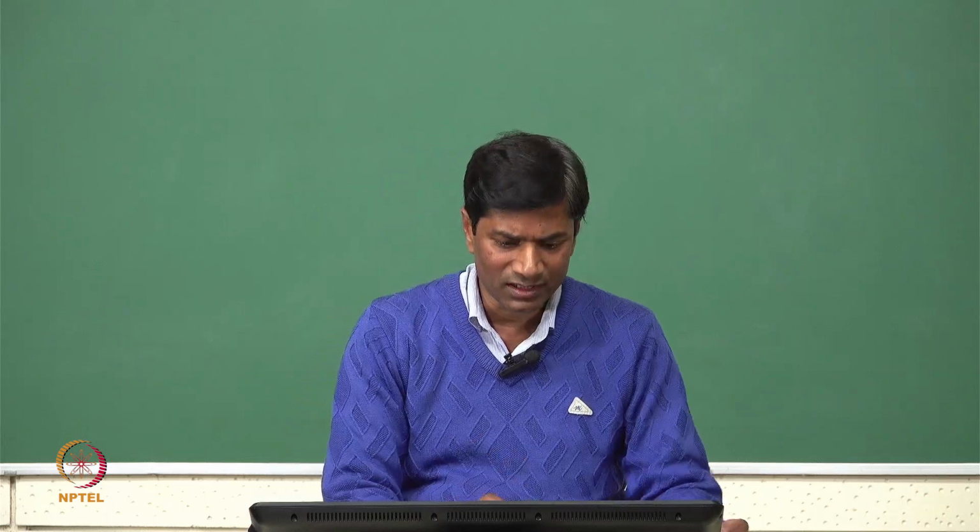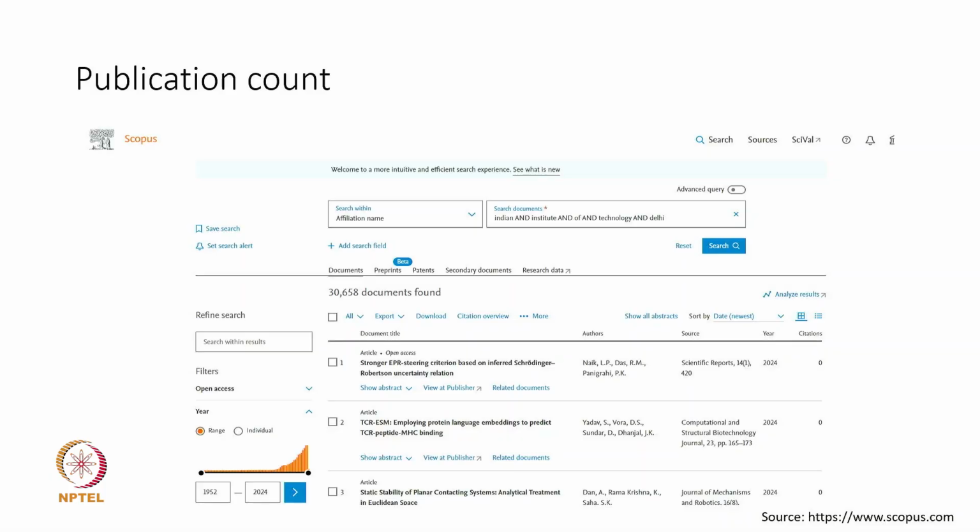For example, I have taken this data from Scopus, and here you see the affiliation name is Indian Institute of Technology, Delhi, and the range is from 1952 to 2024.